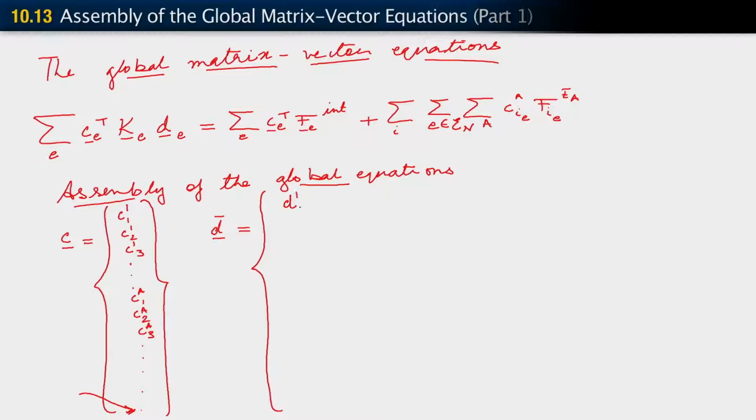We have d11, d12, d13, right? Carries on to dA1, dA2, dA3, right? That's for some general node, right?